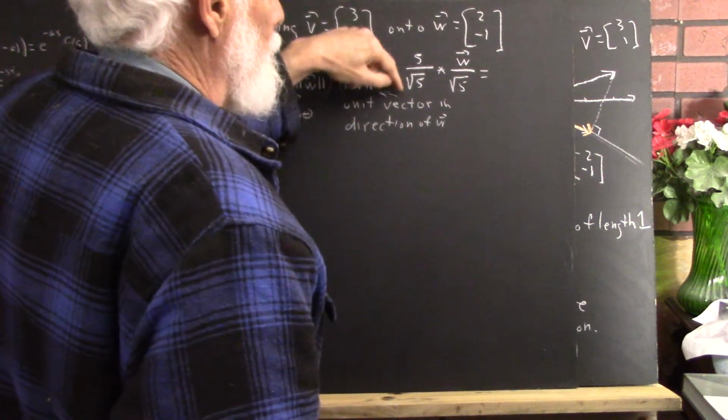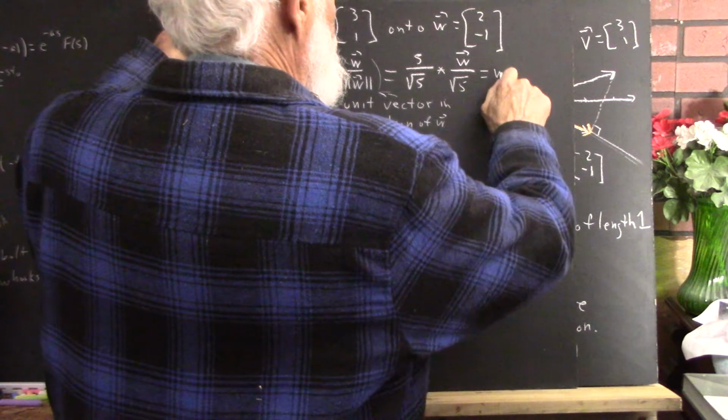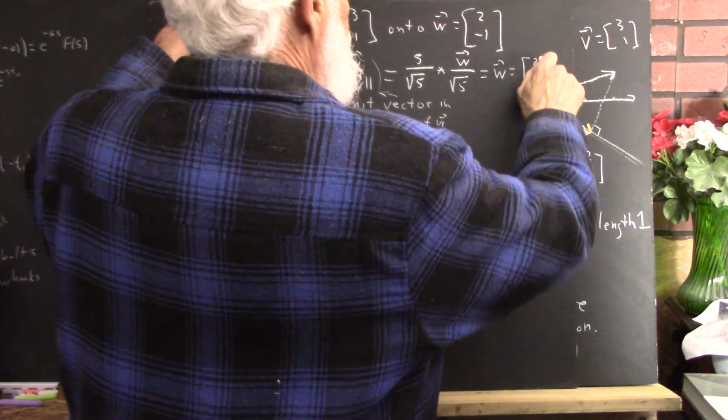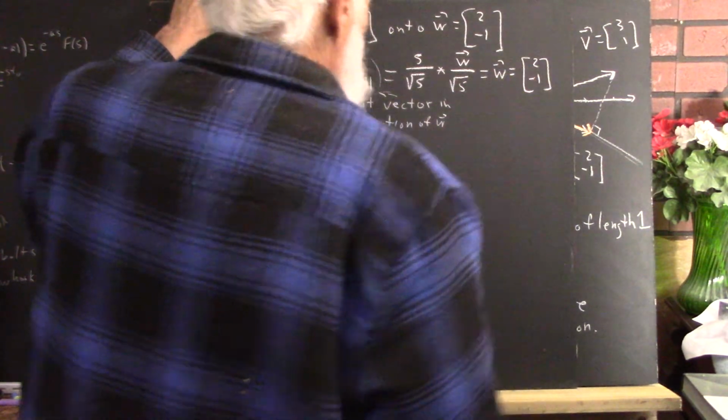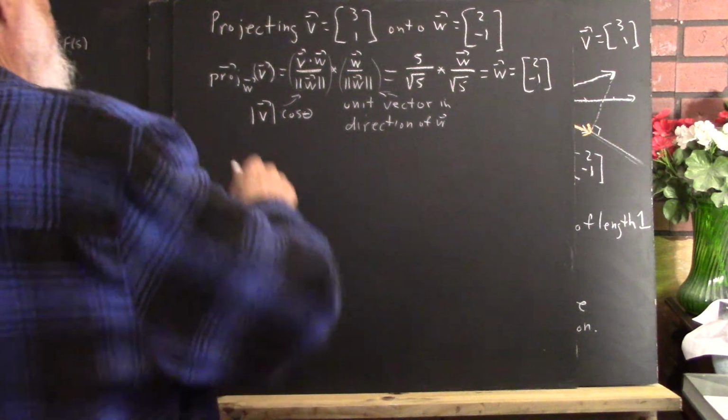Well, 5 over the square root of 5 times the square root of 5 is 5 over 5, which is 1. That's our W vector, which is (2, -1). So it's as I said.